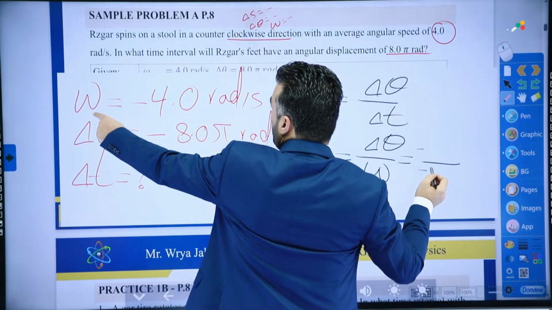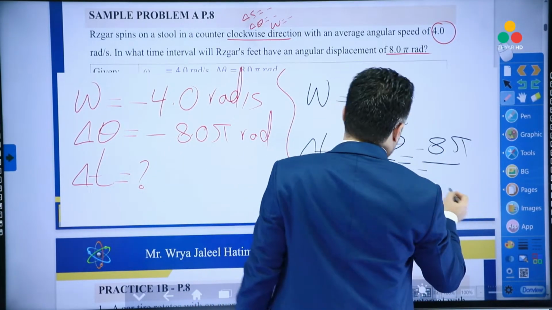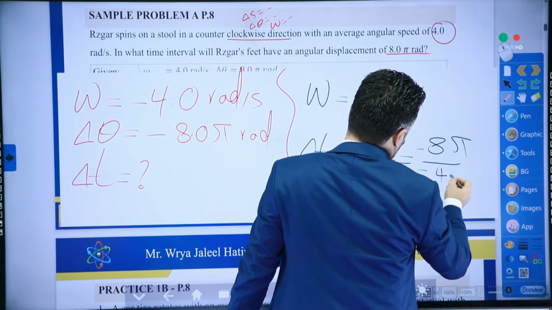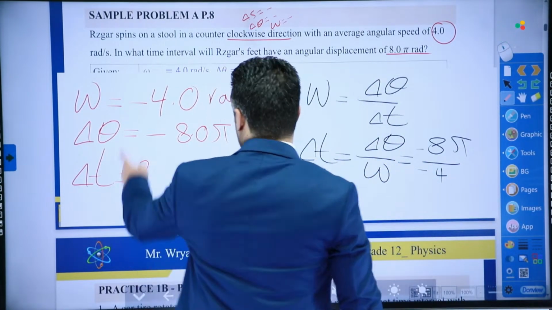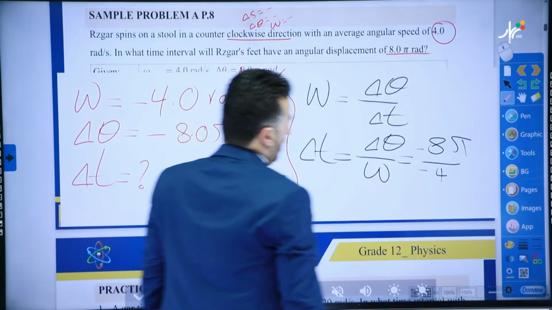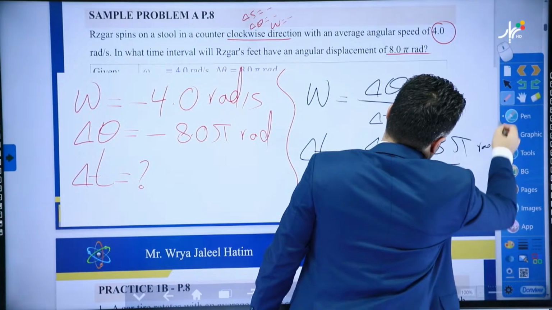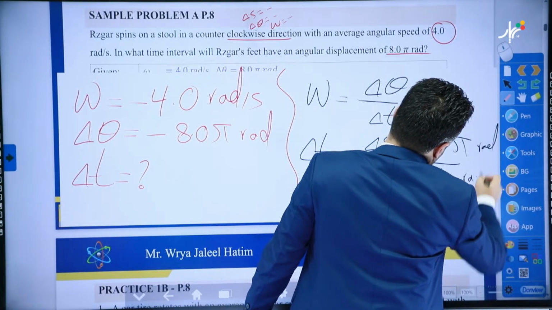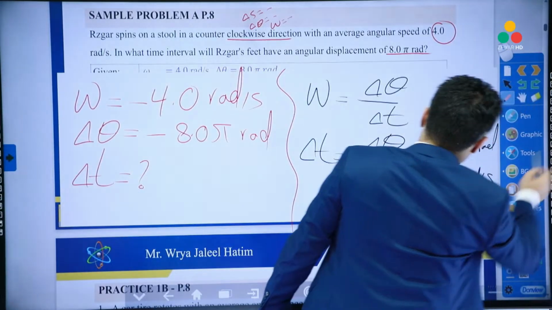So angular displacement is going to be negative 8 pi divided by negative 4 pi radian, and of course, you can divide. This is 8 pi, 8 pi, of course, 4. All right, so this is in radian, and this is radian per second. Of course, the negatives cancel each other out.